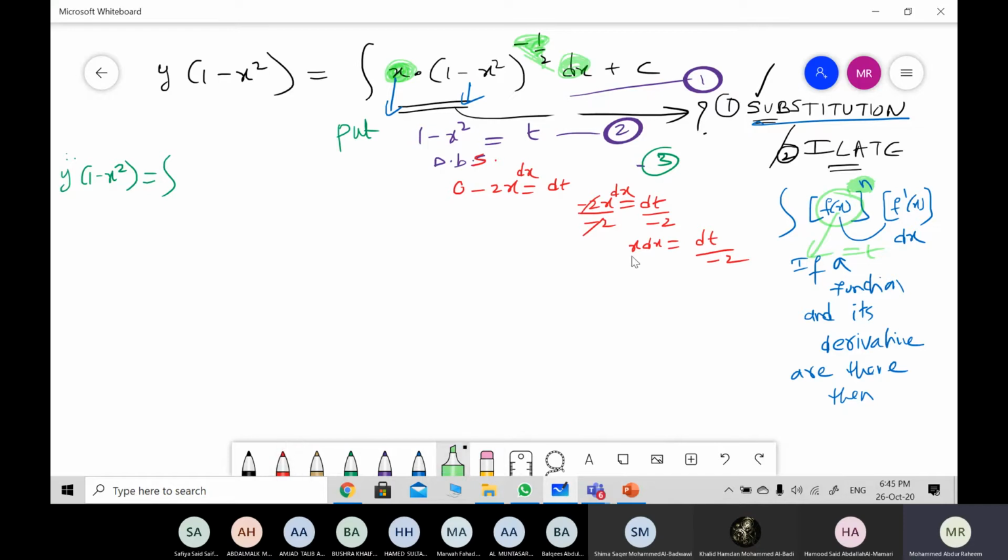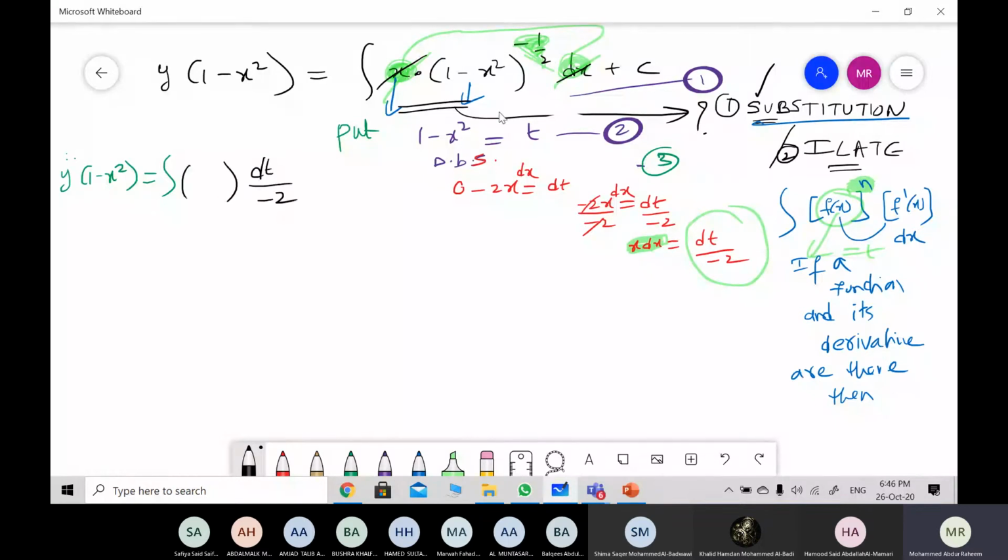Now this x is there, and x dx is here. So I can cancel x dx, and I write dt divided by minus 2.